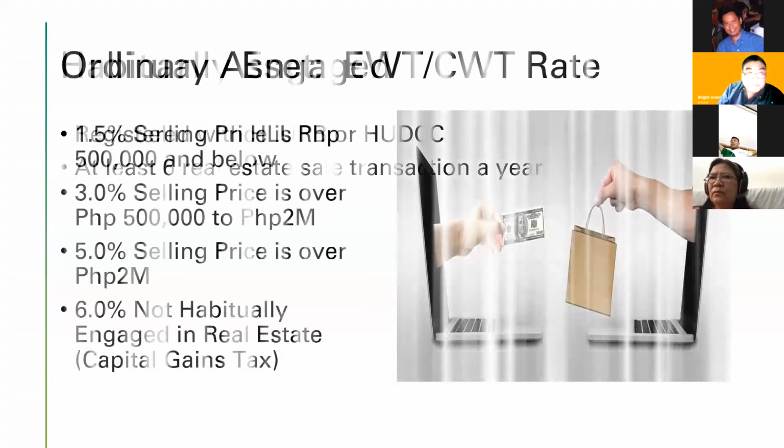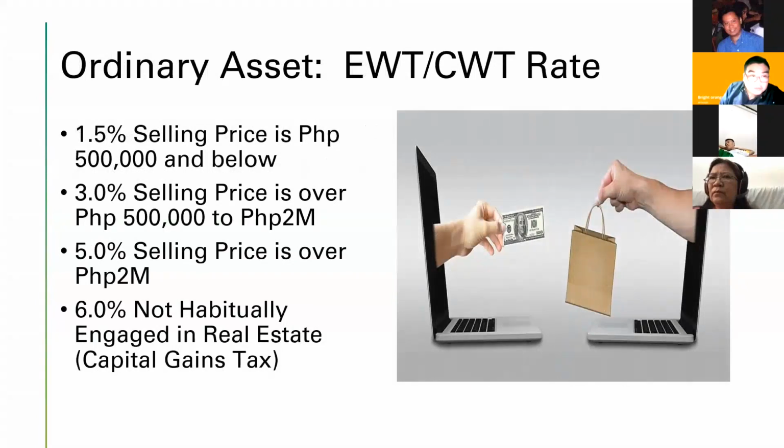For ordinary asset for the EWT, if the selling price is 500,000 and below, the EWT is 1.5%. But if the selling price is more than 500,000 up to 2 million, it is 3%. And 2 million and above is 5%. And of course, the 6% is capital gains tax, for those who are not engaged habitually in real estate.